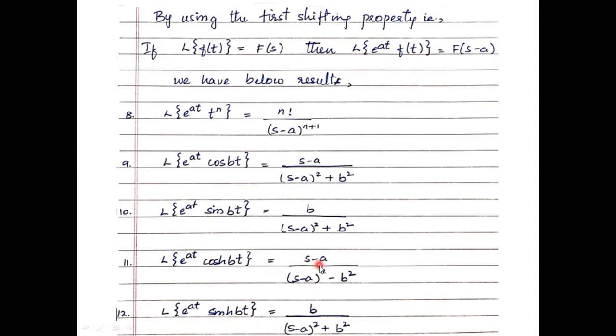Therefore (s minus a) by ((s minus a) whole squared minus b squared). And the Laplace transform of sin hyperbolic bt is b by (s squared minus b squared). Therefore the Laplace transform of e^(at) sin hyperbolic bt is b by ((s minus a) whole squared minus b squared).